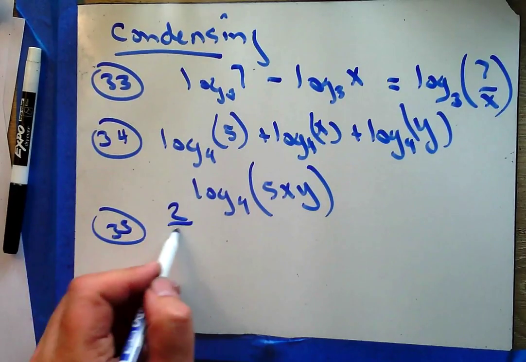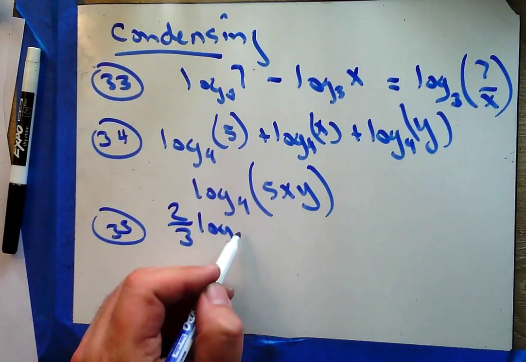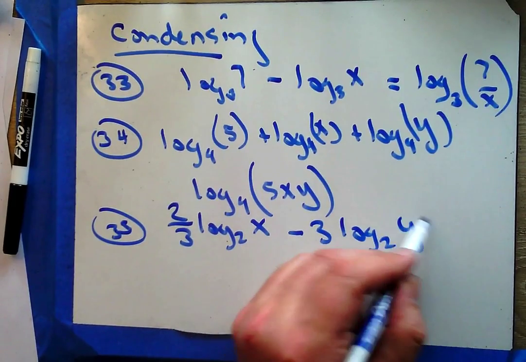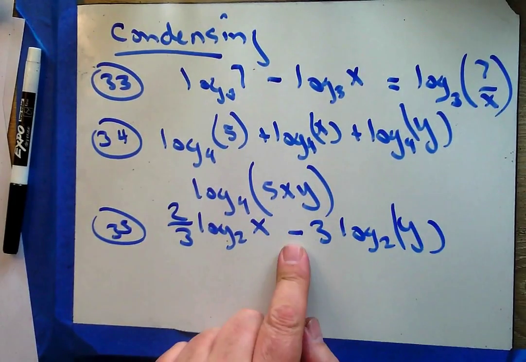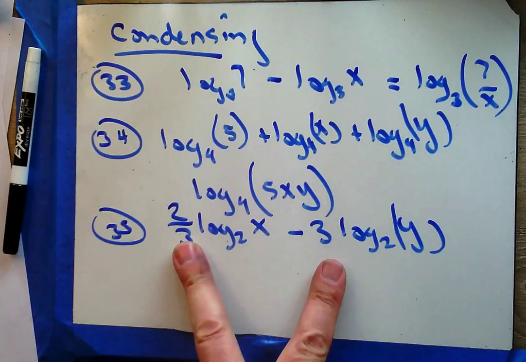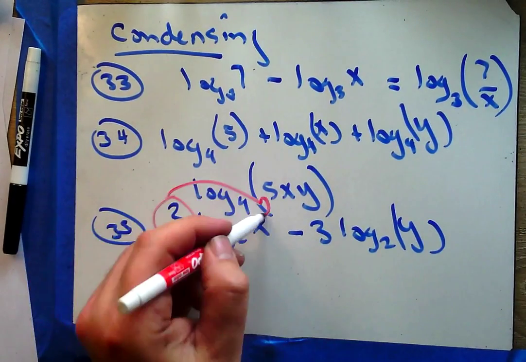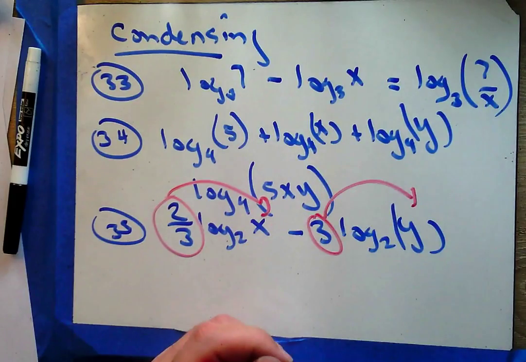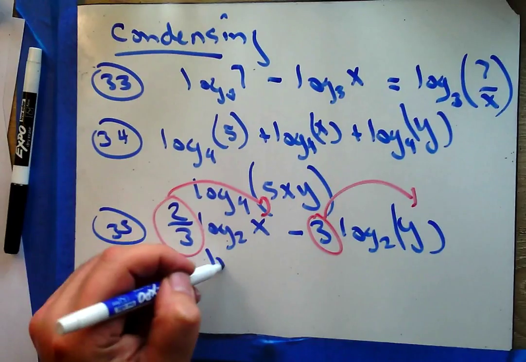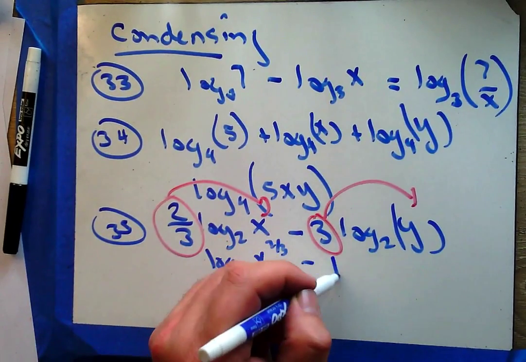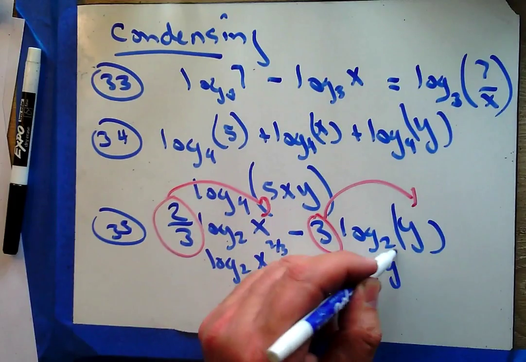35 says 2/3 log base 2 of x minus 3 log base 2 of y. So before I can deal with that, I have to deal with these. I have to kick these coefficients back up as powers. Okay? So my next step will be log base 2 of x to the 2/3 minus log base 2 of y cubed.